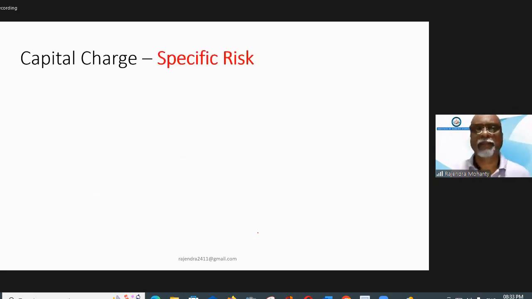Now, capital charge for specific risk. General market risk is according to movement, so measurement is to be done according to the sensitivity method or volatility method, whatever you calculate, and then we cover that.